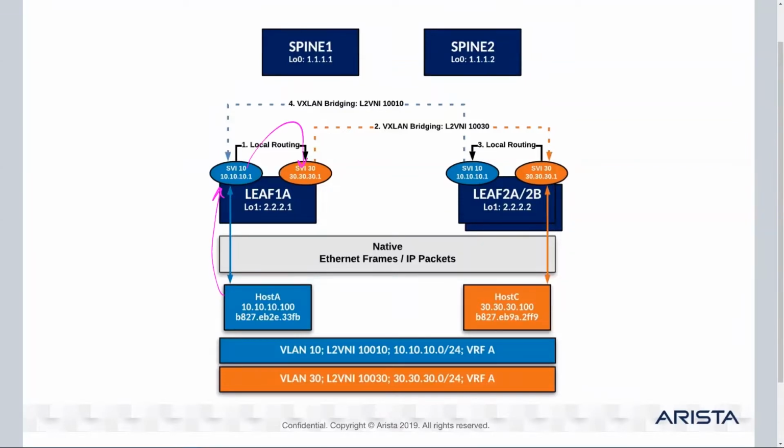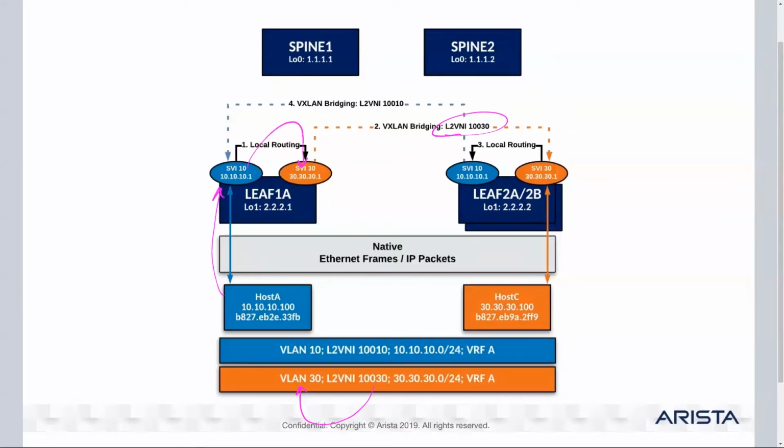Once that local routing operation has been completed, leaf 1A needs to perform a VxLAN bridging operation via L2VNI 10030, which is associated with the destination host's respective bridge domain, towards leaf 2A 2B, which behind the scenes is a pair of VTEPs in an MLAG configuration.